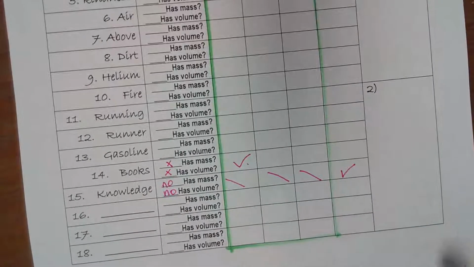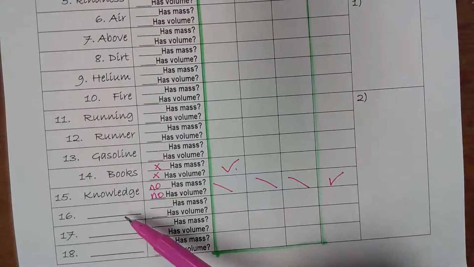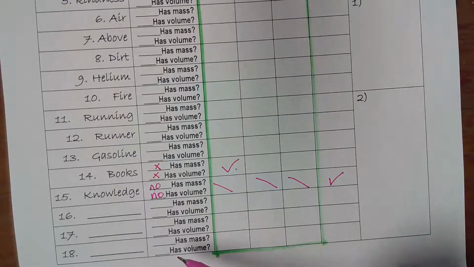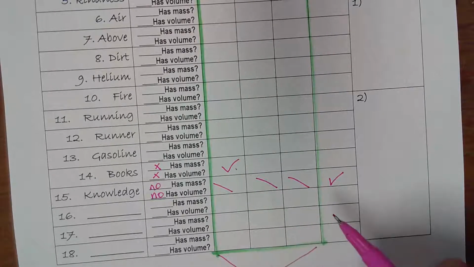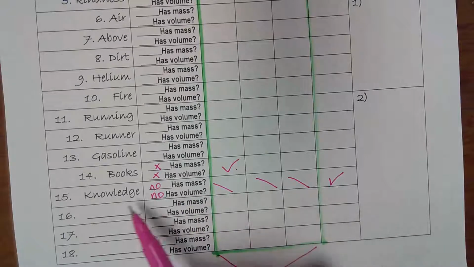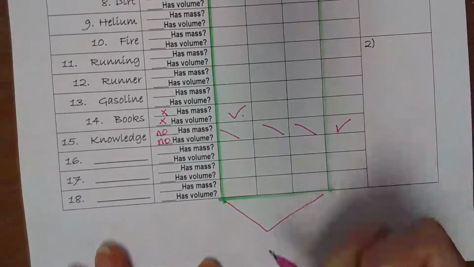What about 16, 17, and 18? You need to come up with 3 more items. At least 2 of them must be matter. So of 16, 17, and 18, 2 of them have to be matter. And they should be different kinds of matter.